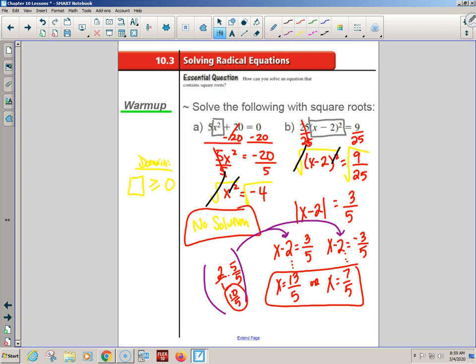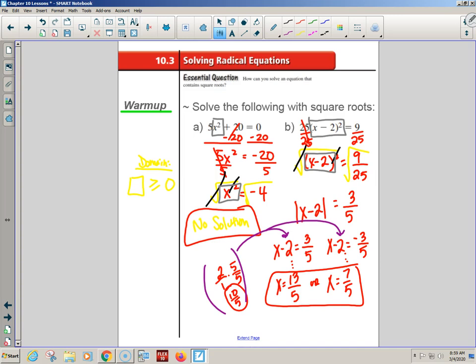It's x minus 2 squared. So we needed to get this alone so that we could square root that square. So the objective is the exact same, even though the problems are a little bit different. Get the squared guy by himself so we can undo the squared with a radical.